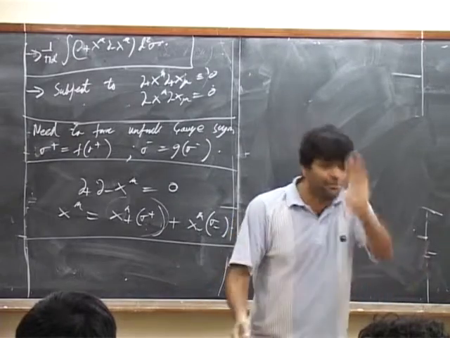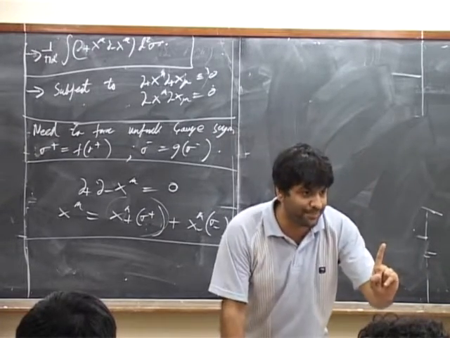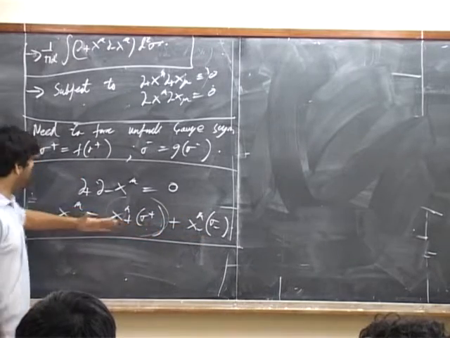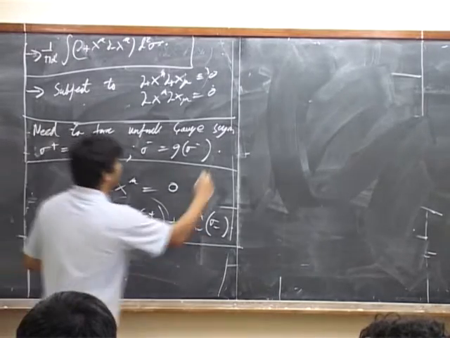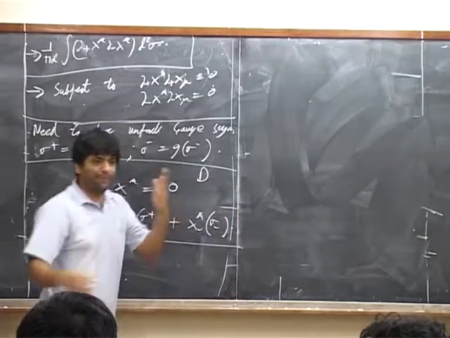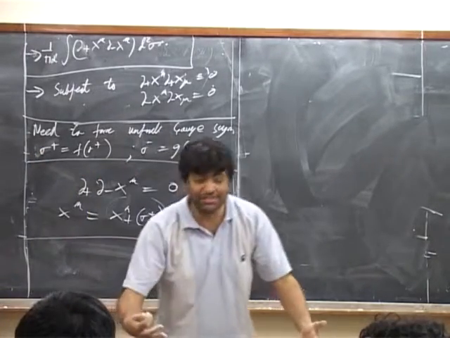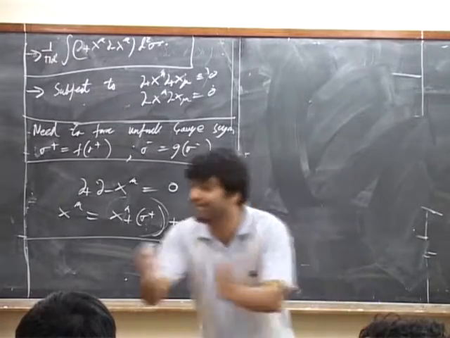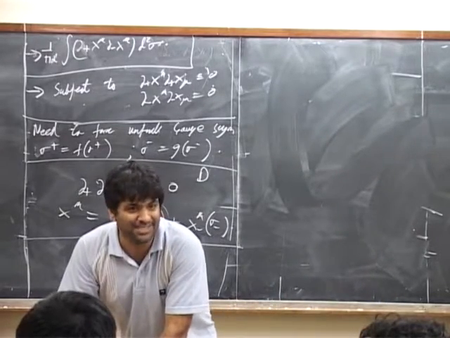To say it again, even before we impose any constraints, the space of inequivalent classical solutions, suppose we want d space-time dimensions, is not d functions of sigma plus and d functions of sigma minus. It's d minus 1 functions of sigma plus and d minus 1 functions of sigma minus. Is this clear?